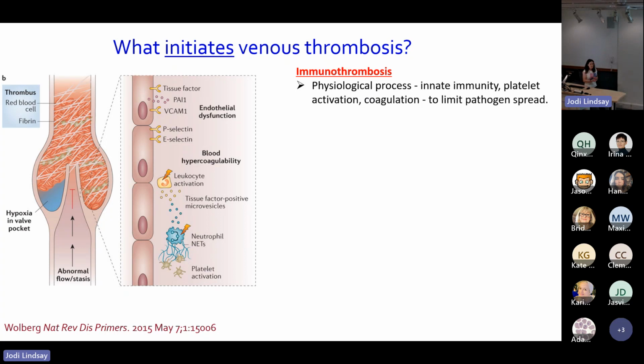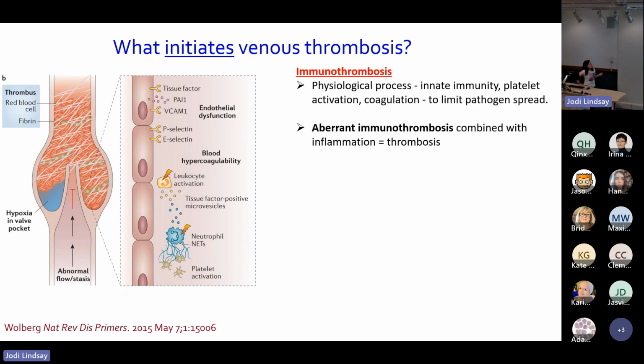Immunothrombosis is a relatively recent term, probably from 2012, I think, the first record of this. It describes a physiological process where you have the formation of an intravascular thrombus in the microvasculature to limit pathogen spread. So it involves innate cells such as monocytes and neutrophils, and together with platelet activation, the coagulation and also complement participate in this.